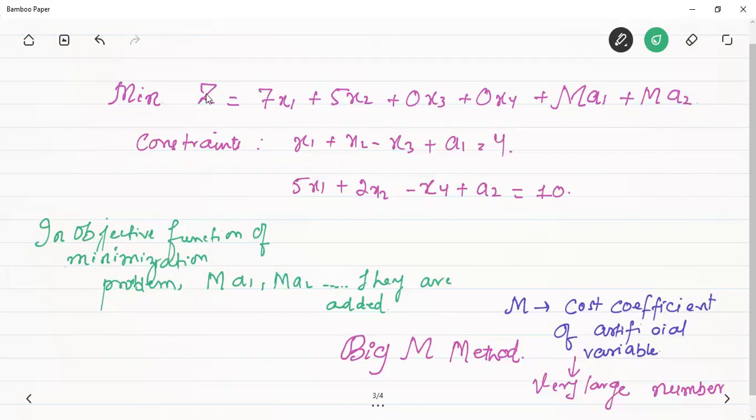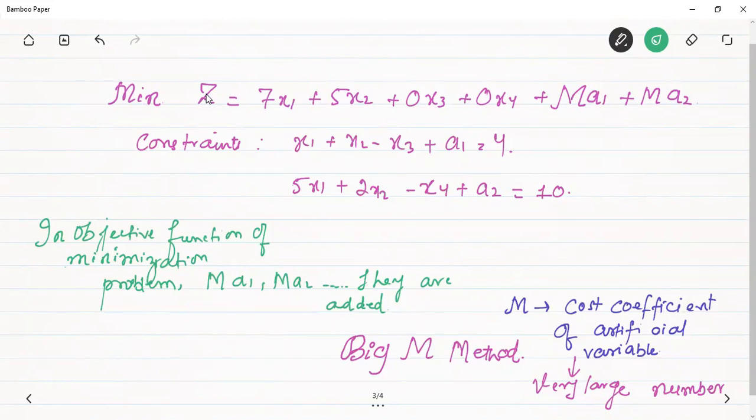Our solution should not be in terms of the artificial variables. We don't want the artificial variables to remain in our solution, therefore we have to see how they can come out of the basis.